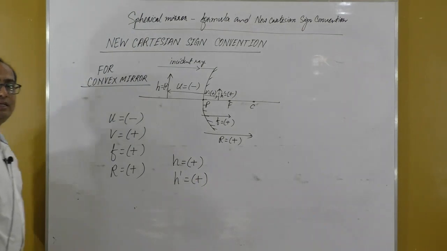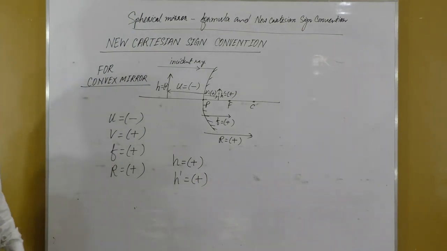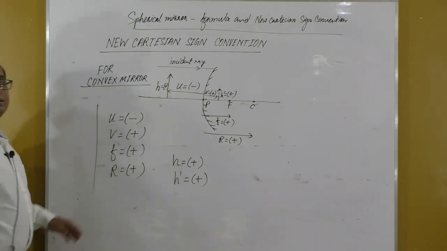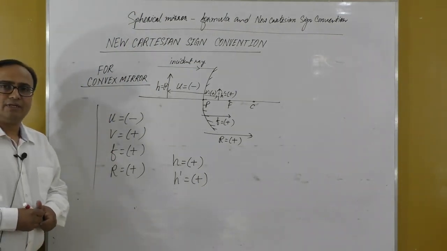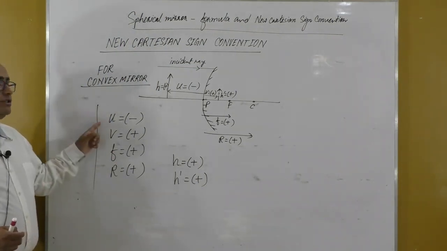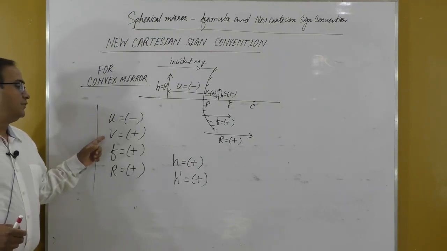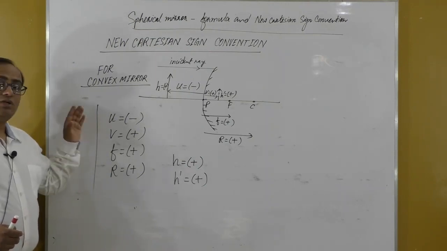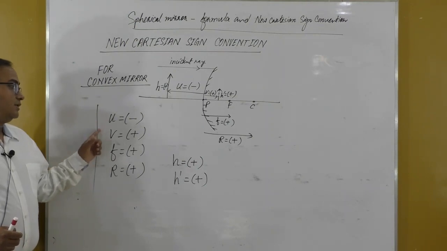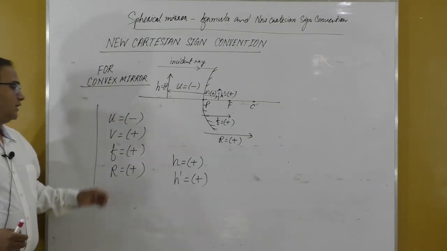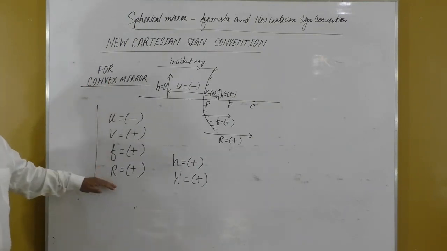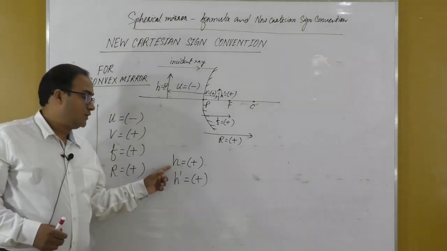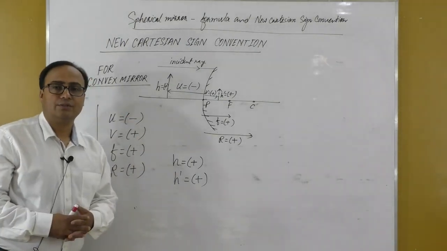Always a virtual, erect and diminished image is formed by convex mirror. So while solving numericals, this information is very important. For convex mirror, U is always negative, V is always positive because the image is always virtual and formed behind the mirror. F is always positive, R is positive. Height of the object is positive and height of the image is also positive.